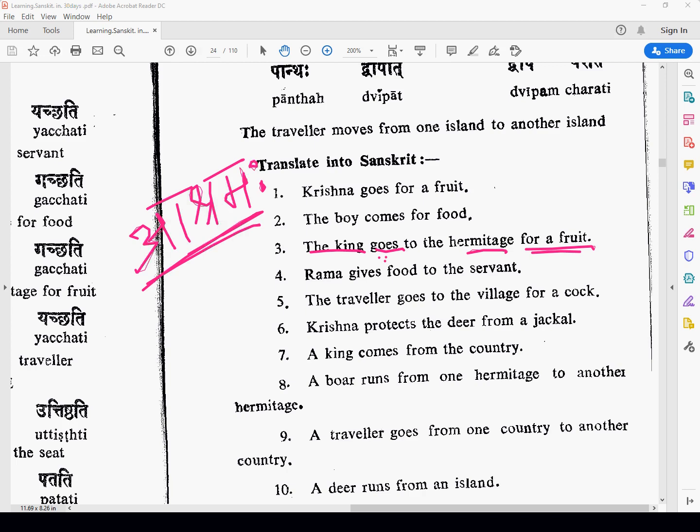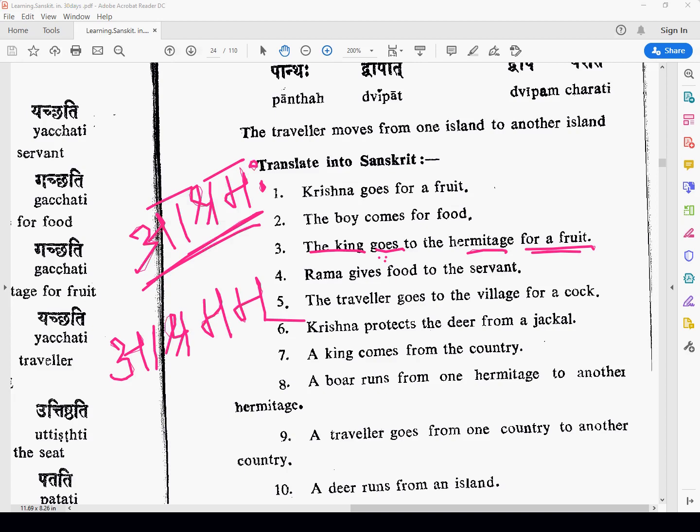Ashramam. So, what is the full sentence now?